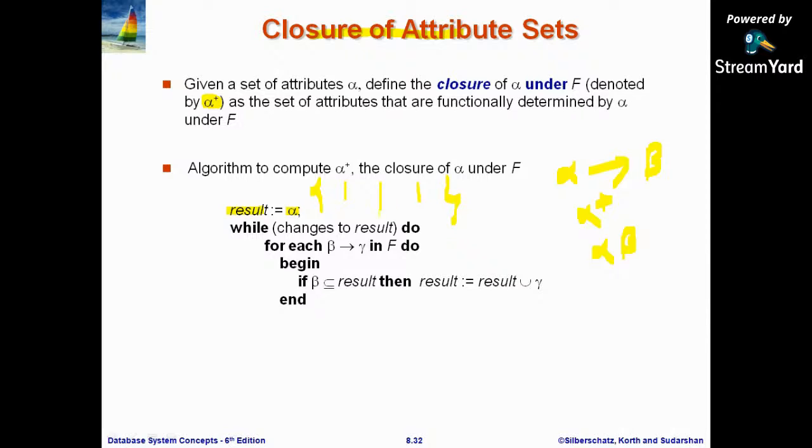If alpha tends to beta and alpha is present in the result, then you add beta to the result. If a functional dependency beta tends to gamma holds and beta is already present in the result, meaning the left hand side is already present, you add the right hand side as well. You do this for all applicable functional dependencies.